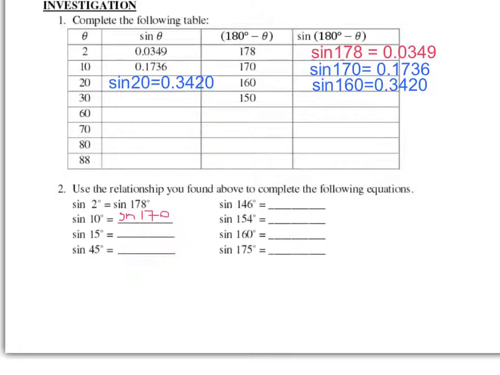Sine 15 should be equal to sine 165. Sine 45 should be equal to sine 135. So we get a relationship that forms which tells us that sine of any angle is equal to the sine of 180 take away that angle. So there's a relationship that's been formed.